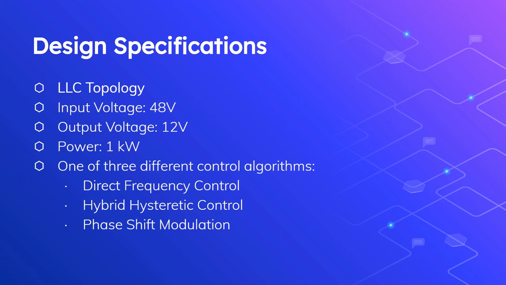Tristan will be covering more of phase shift modulation control, as well as the 48 volt to point of load in his video. And I will be covering more of the 12 volt to point of load, as well as transient simulations and how to work with the models for the HHC model that we were working with in Simplus. And that concludes the intro video for our senior project and what we achieved throughout the course of these two semesters.